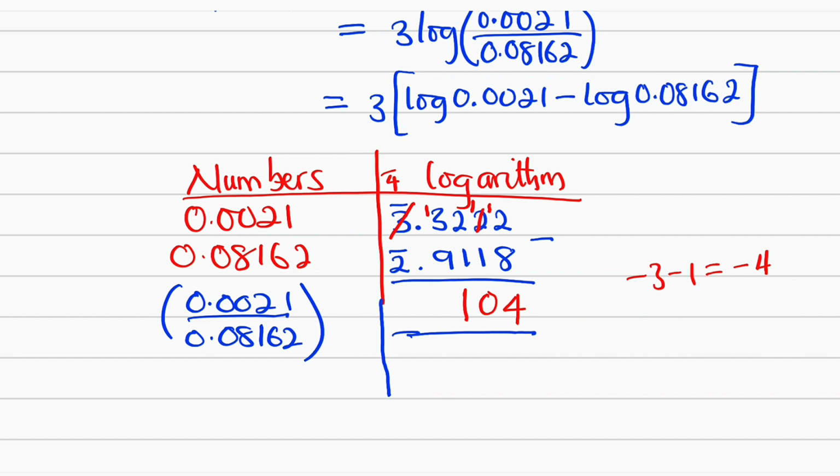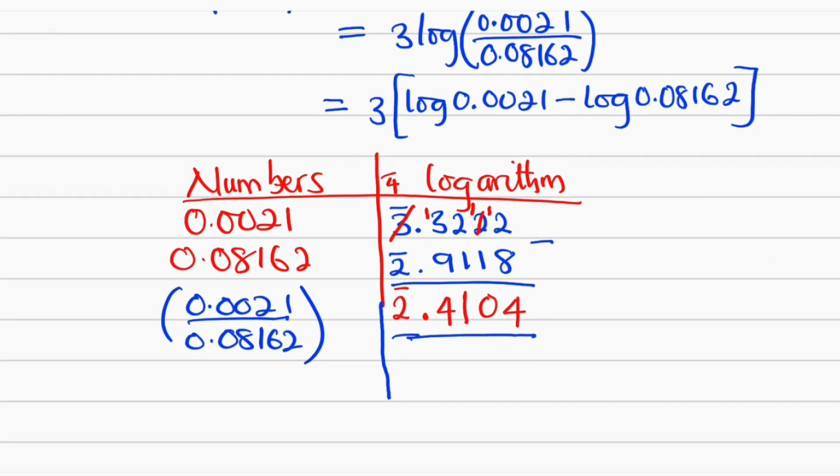And 13 minus 9 is equal to 4. Then you write 4 here. Remember, we have point here. This is what we have left. Bar 4 minus bar 2 is equal to bar 2. We are almost done.